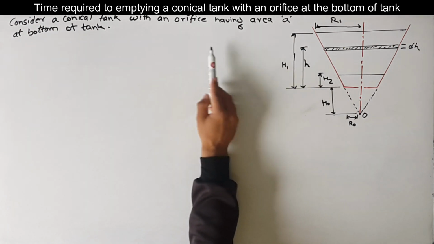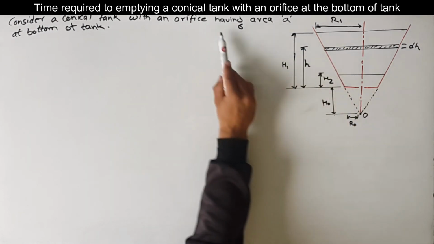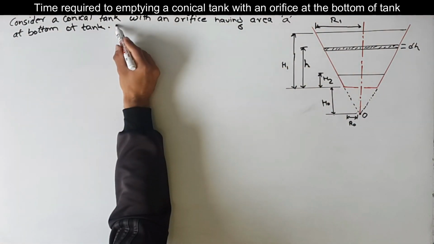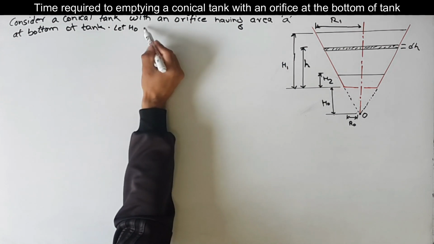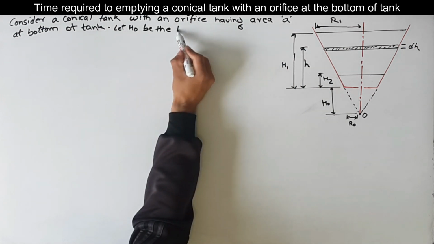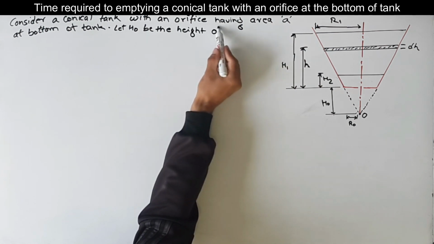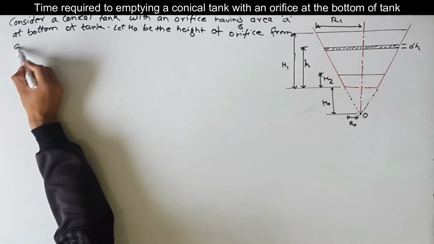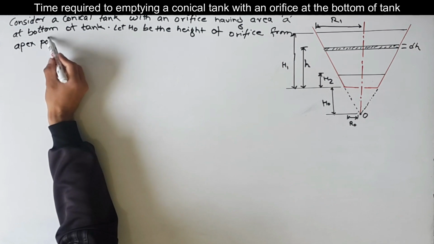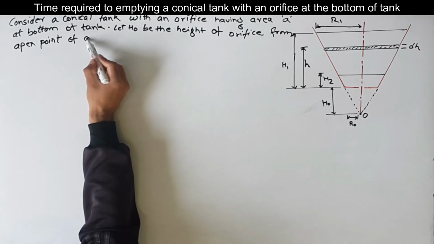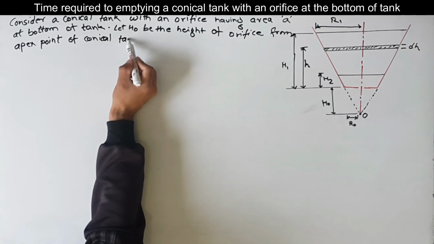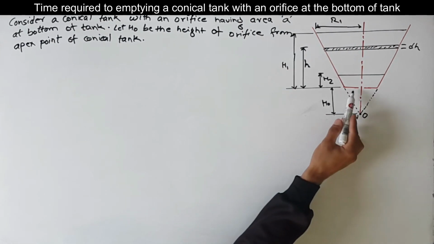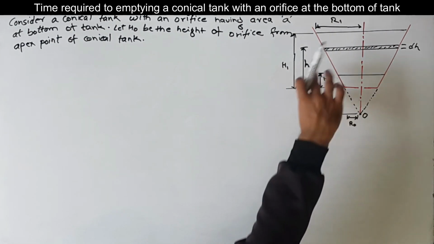We consider here a tank with an orifice having area small a at the bottom. Let S0 be the height from the apex point to the orifice. Actually the conical tank is up to here.